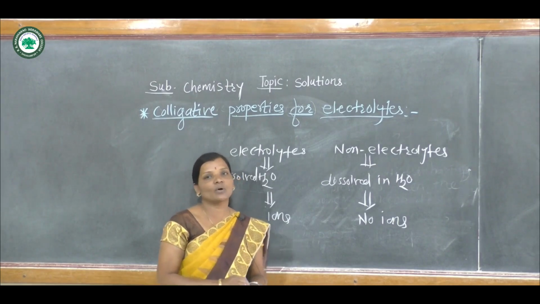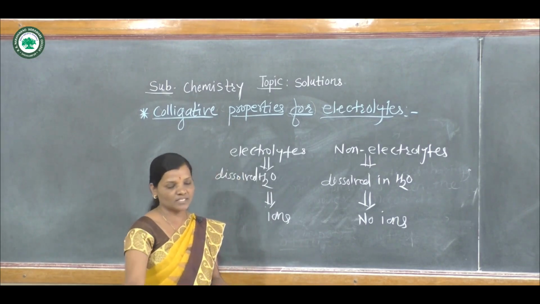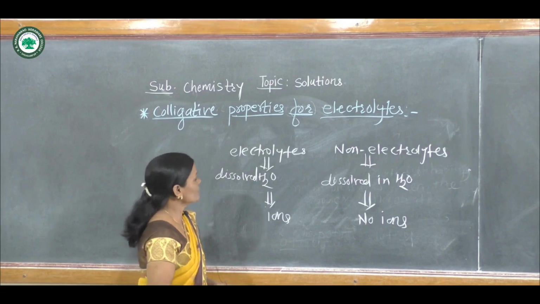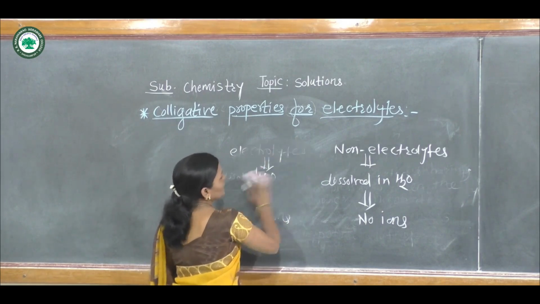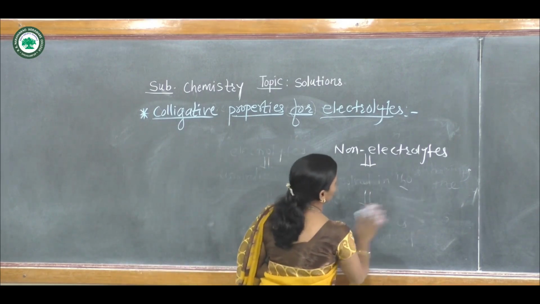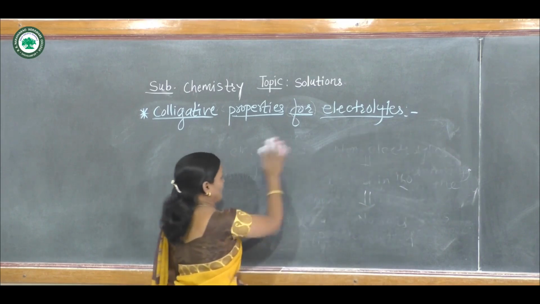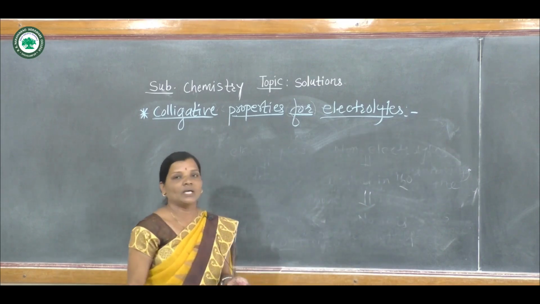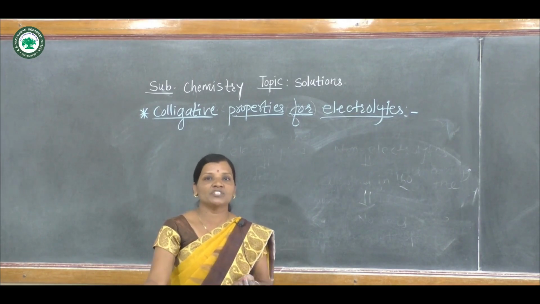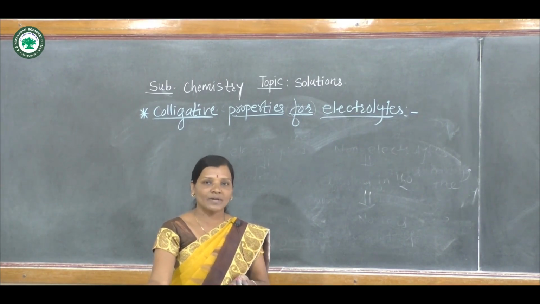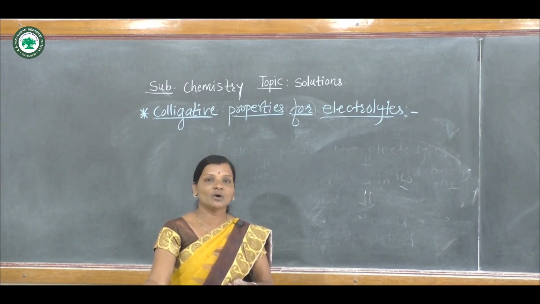Now we have to see the colligative properties for electrolytes. There are four colligative properties we have seen: lowering of vapor pressure, elevation in boiling point, depression in freezing point and osmotic pressure.